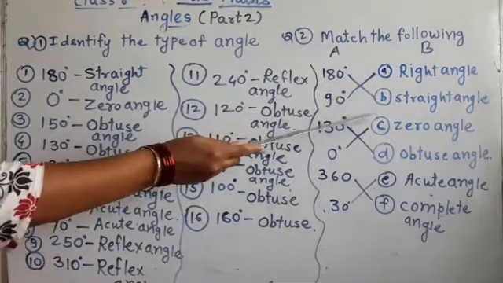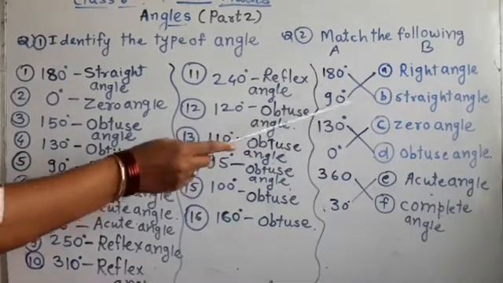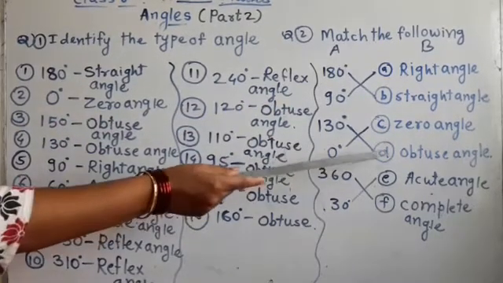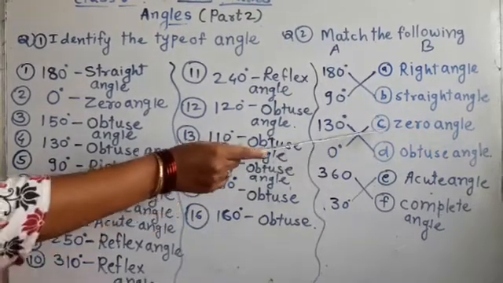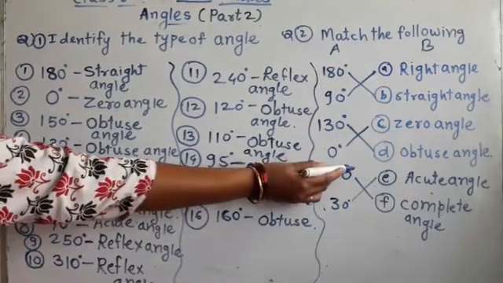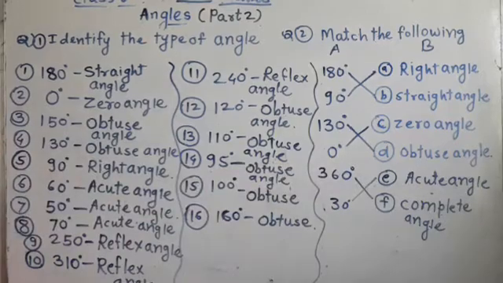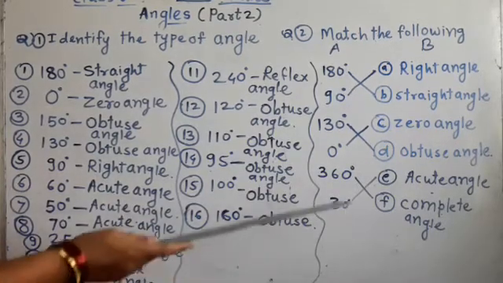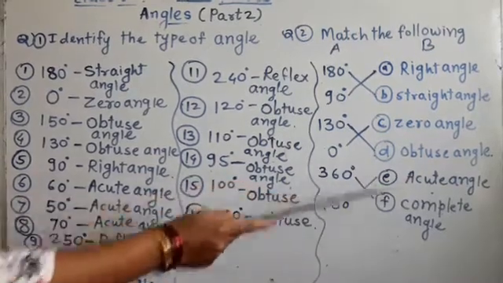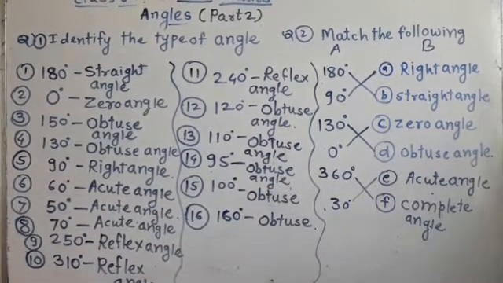Therefore, this is a pair. 90 degree, a right angle. 130 degree, obtuse angle. This is zero angle. 360 degree, that is complete angle. And 30 degree is acute angle.